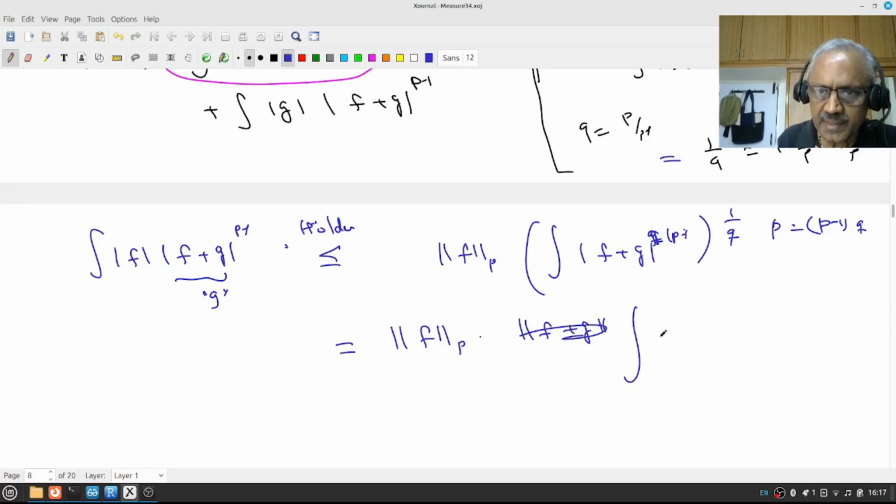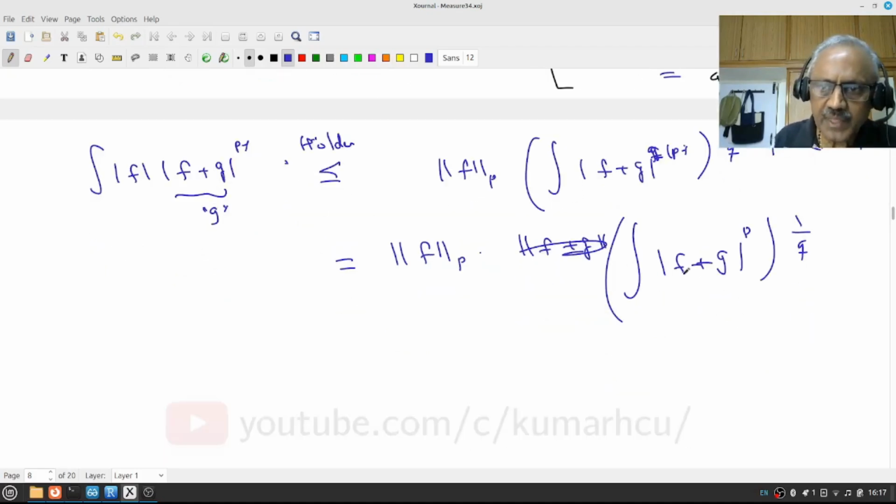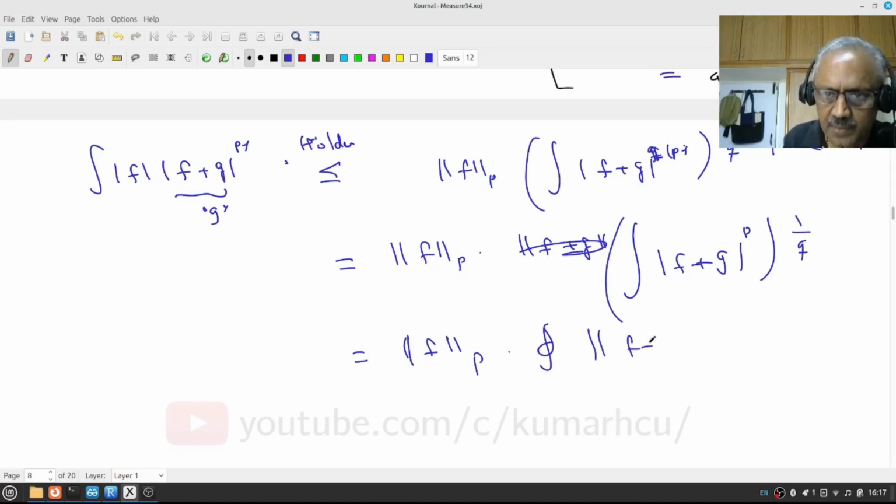Maybe I will write it as mod f plus g to the power p, to the power 1 by q. But if I want the L^p norm of f plus g, what should I do? I have to take the pth root. So this is the L^p norm of f plus g to the power p by q.